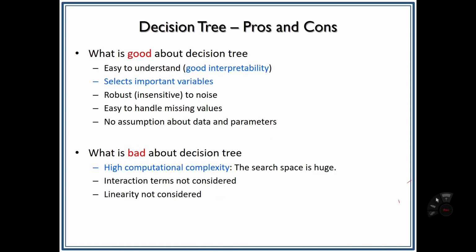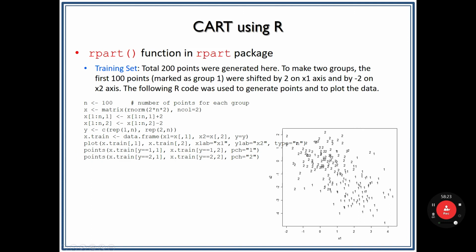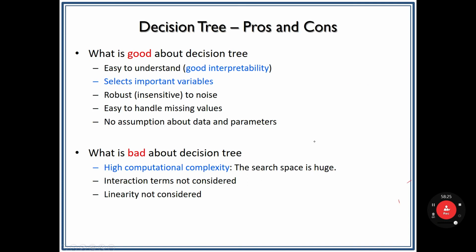Okay, so that is everything about growing a tree and pruning a tree. Okay, let us take a look at this slide, and then we will finish this class. So a decision tree has good points and bad points, and what is good about a decision tree is that it is interpretable.